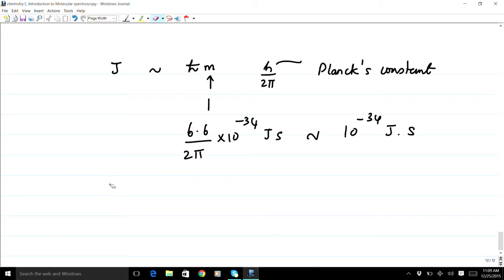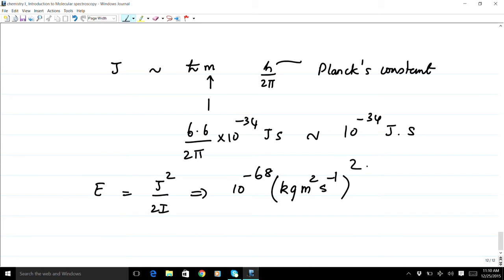So, let us do the energy calculation now. E is J squared by 2I, you can see that the numerator is 10 to the minus 68. Let me write the actual units, kilogram meter square per second, whole squared, divided by 2I, and if you recall, I is about 10 to the minus 46 kilogram meter square.